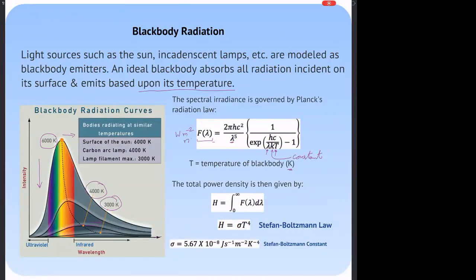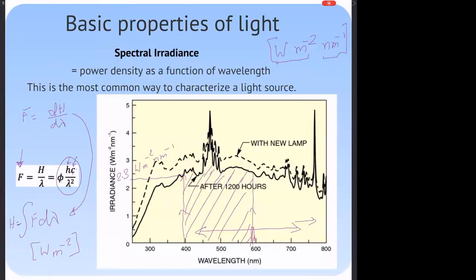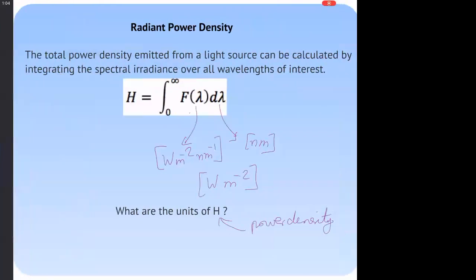So there should be a nanometer as well. So I'm going to cancel that and write this is watts per meter square per nanometer. Okay, this is spectral irradiance, so per little sliver of wavelength, which is exactly what we talked about here, this F. But good catch, yeah. I made a mistake there.